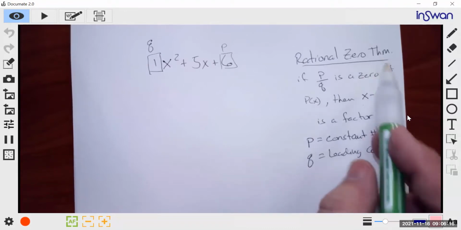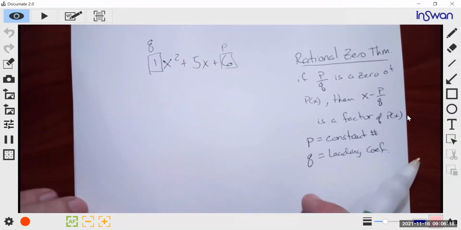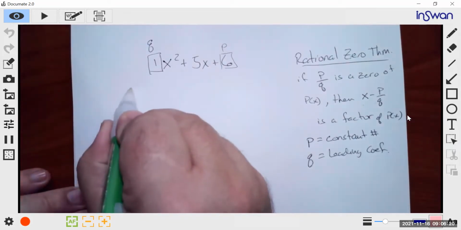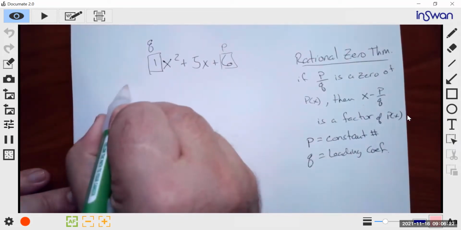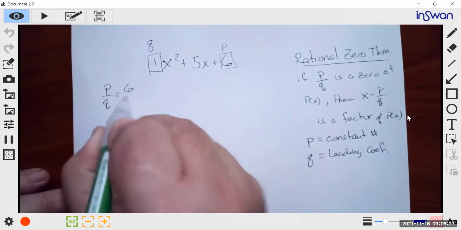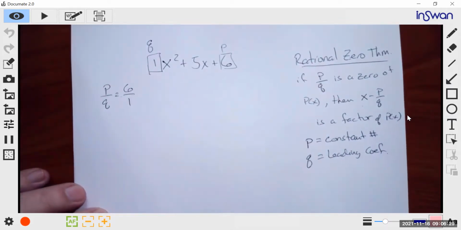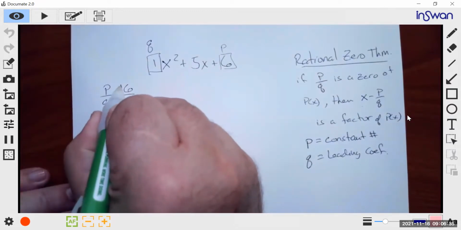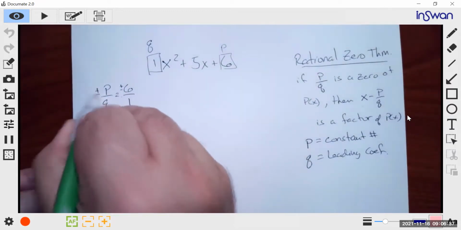So what the rational zero theorem tells us is this. The possible solutions are p over q, which is 6 over 1. Do we know if they're positive or negative yet? No. So we have to take the positives and negatives of those.